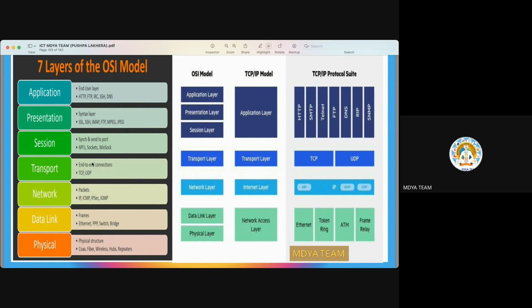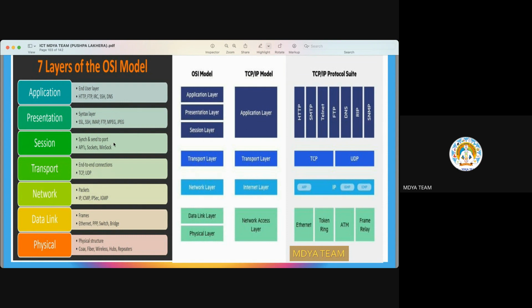Then the transport layer, end-to-end connection for transferring your data. There is TCP and UDP. TCP is Transmission Control Protocol, and UDP is User Datagram Protocol, protocols to transfer the data.